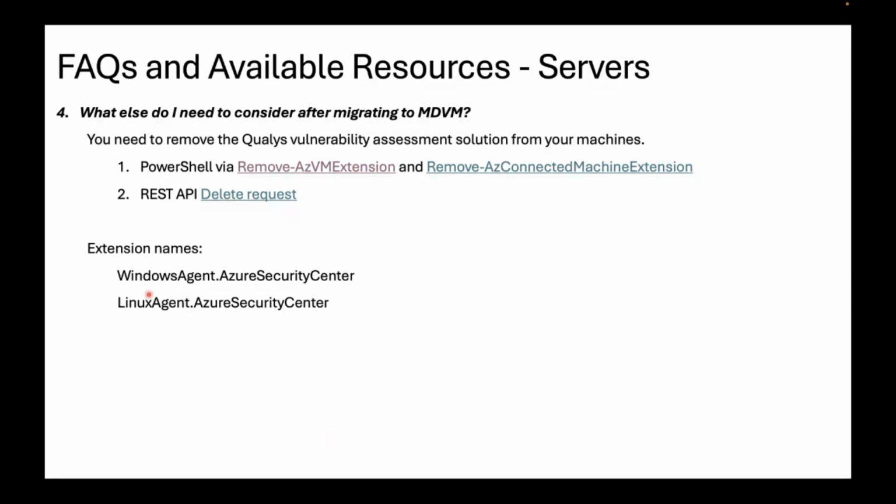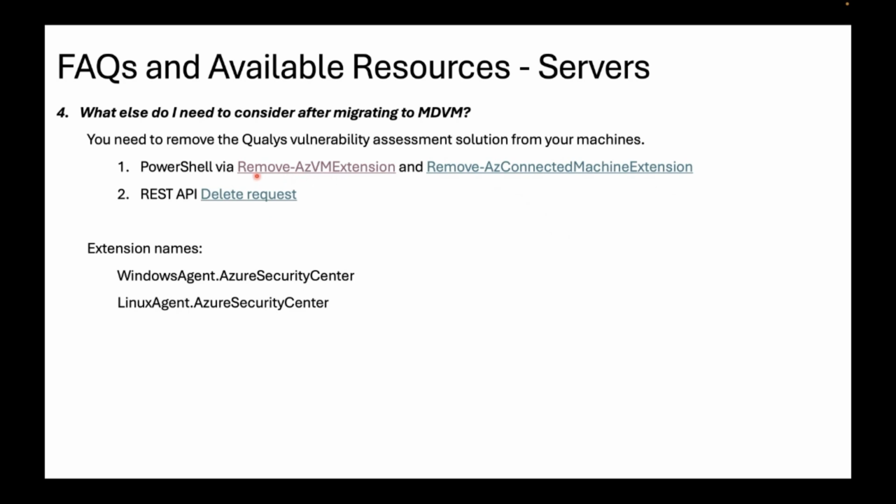The extension has two different names depending on the operating system. It's either called Windows Agent.Azure Security Center or Linux Agent.Azure Security Center. And when we look at PowerShell, then we have two different cmdlets depending on if this is an Azure VM or if this is an Azure Arc enabled server.